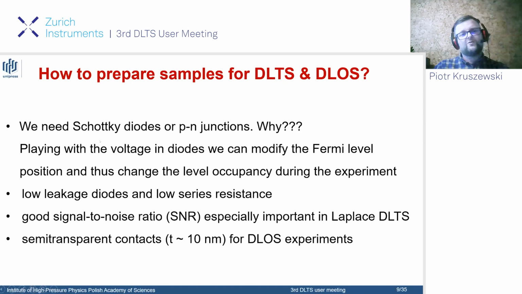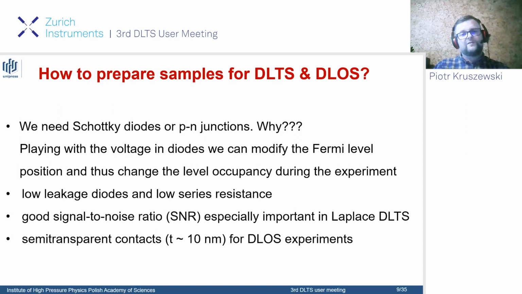So first of all, we should remember that we need Schottky diodes or PN junctions. This is because we are playing with the voltage in diodes in such a way that we fill the traps with carriers, for example electrons, by applying a more positive voltage, and we try to emit electrons from the traps when we apply reverse bias.